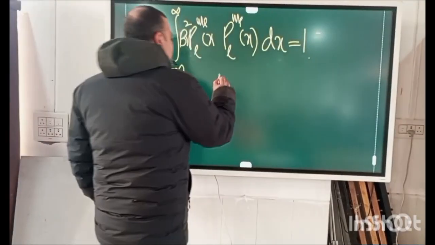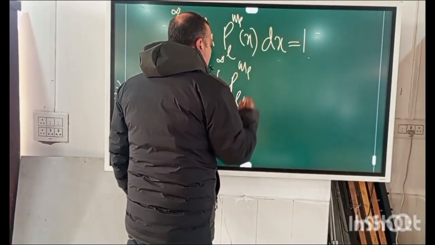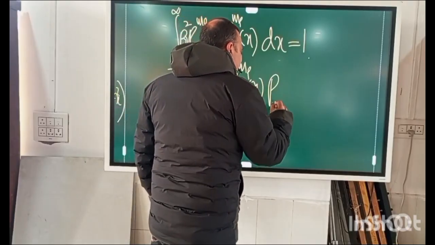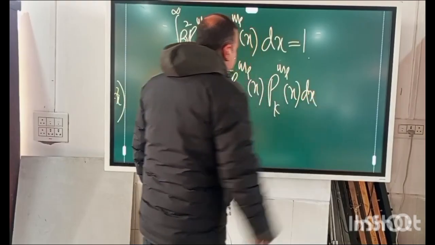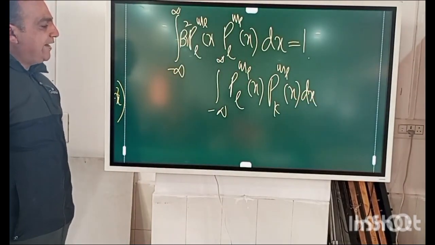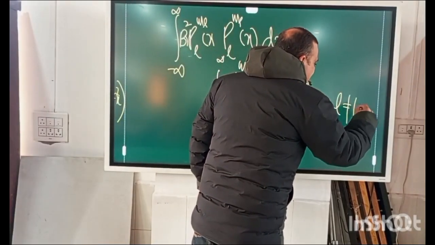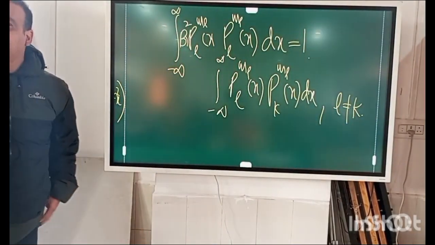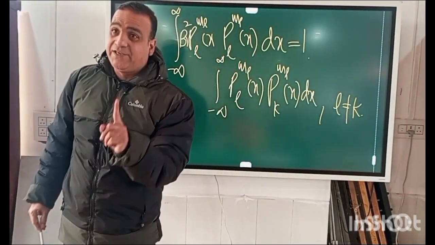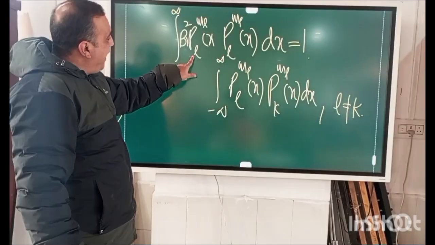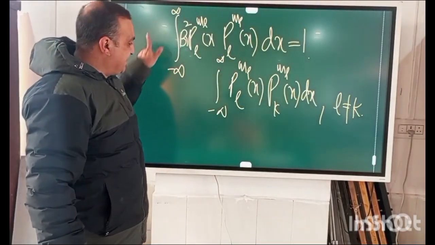Now look at this integration, the integral of P_L^{m_L}(x) and P_K^{m_L}(x) dx. If L is not equal to k, the value is 0. But if L is equal to k, the value is 1, so that's why I have put L and L here. Clear? So B squared is outside.